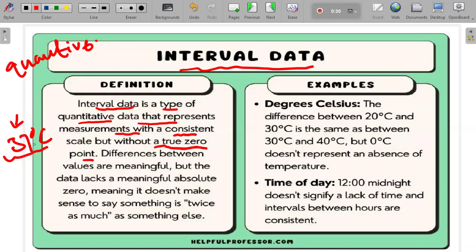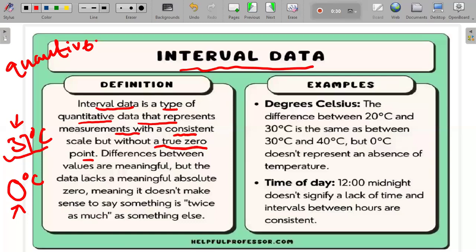This is an example of interval data. And then we can also say the temperature today is 0 degrees Celsius. It means the temperature is there, but it is 0. It doesn't mean that there is no temperature.